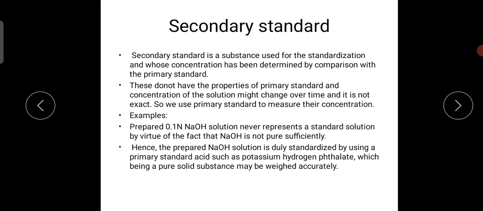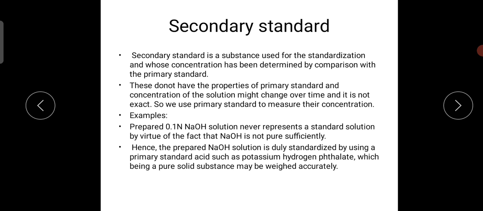For example, we want to prepare 0.1 normality NaOH, but actually this is a secondary standard, so it is not that pure. So the NaOH solution is standardized using a primary standard acid, that is potassium hydrogen phthalate.